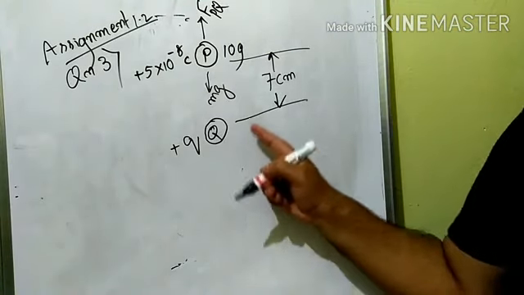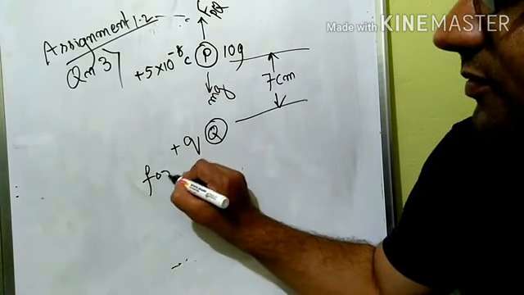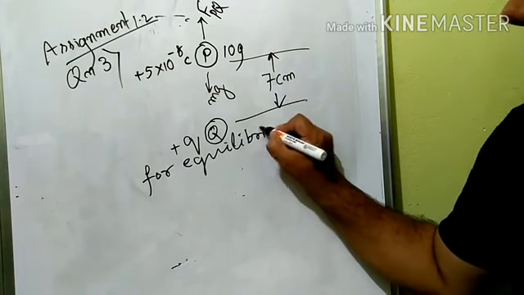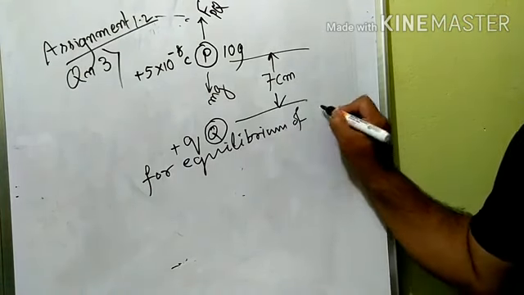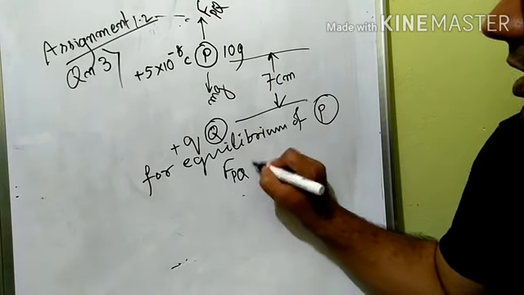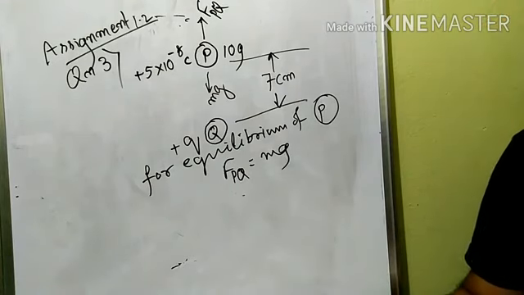Now if we want to keep P as stationary, then for equilibrium of P, FPQ must be equal to mg. Yes or no?